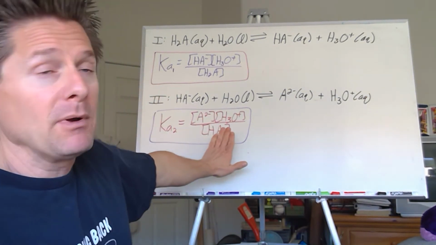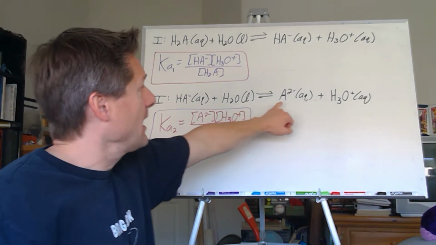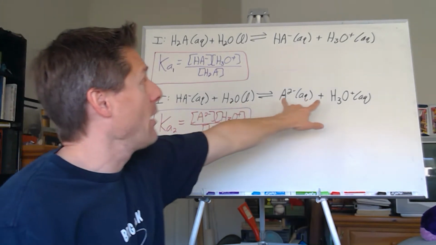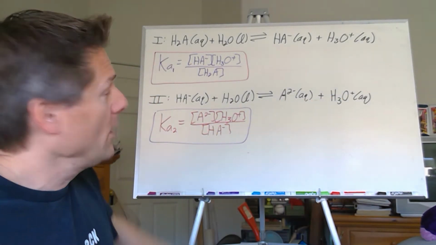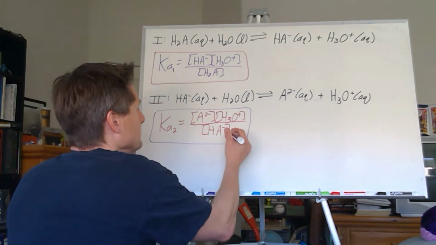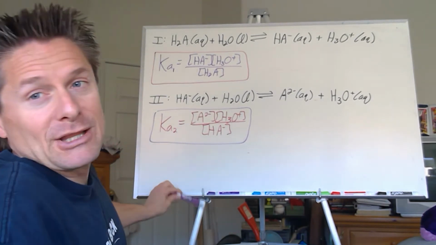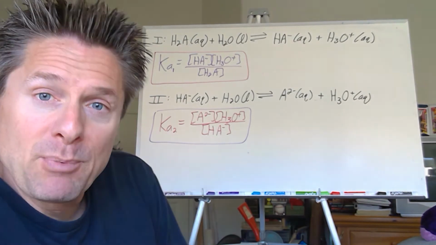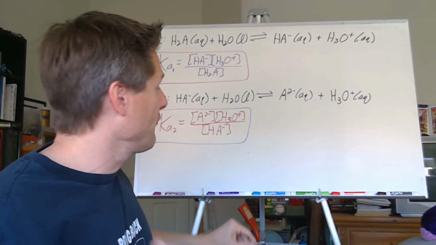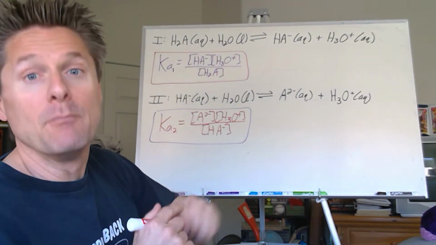But if I do the equilibrium expression for that, it would be the concentration of the A2 minus and the hydronium ions raised to the power of 1, because of the stoichiometric coefficients of 1, over the HA minus, and we're assuming that's very, very small. Right? Let me show you a neat little trick here. pH should be pretty easy to do because we're assuming the hydronium ion from step 1 is the dominant source.